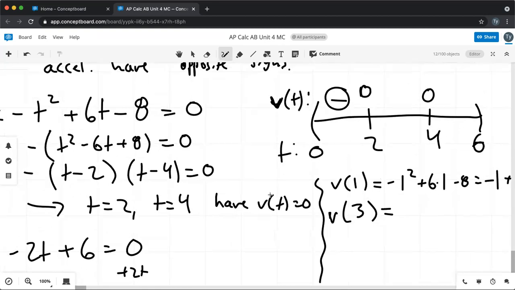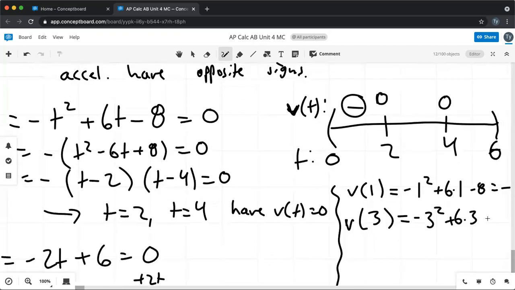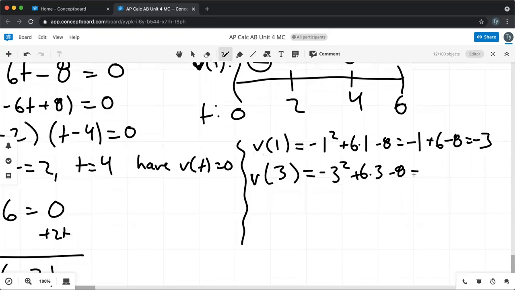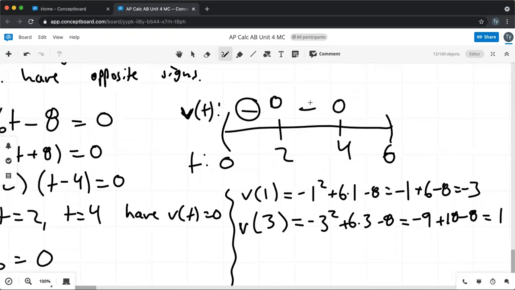Again, we plug this into our velocity function: negative 3 squared plus 6 times 3 minus 8. 3 squared is 9, so we have negative 9 because of this negative, plus 6 times 3 is plus 18, and minus 8. Negative 9 plus 18 is positive 9, minus 8 is positive 1. So this is positive. That means in this whole region, it's going to be positive.